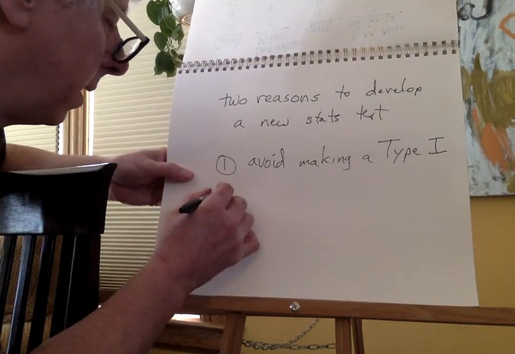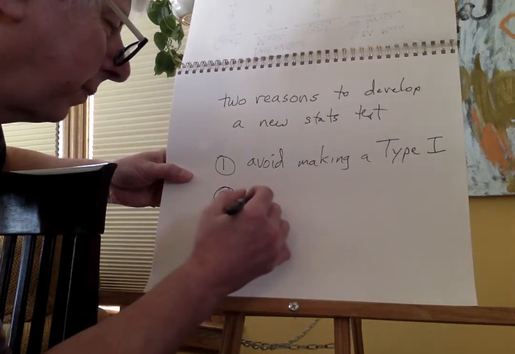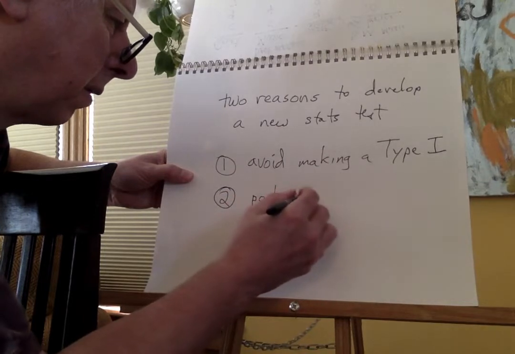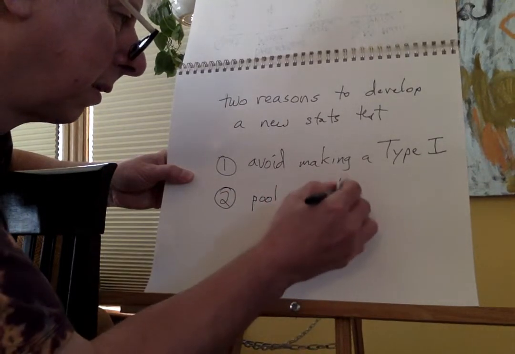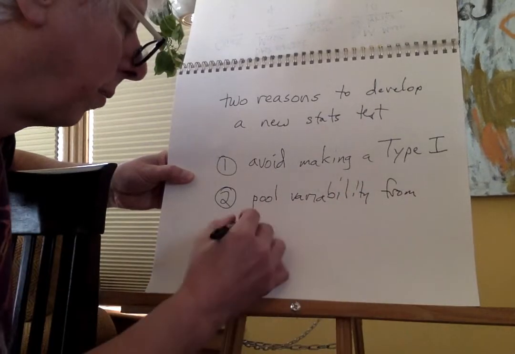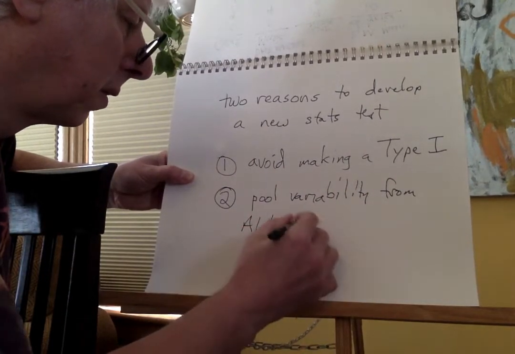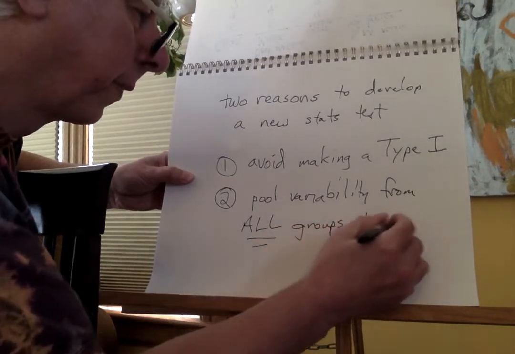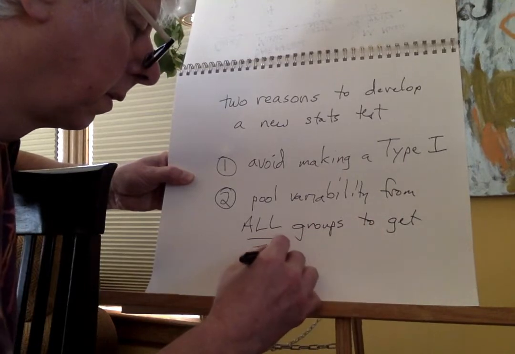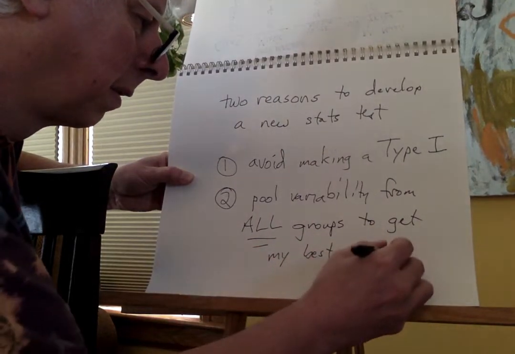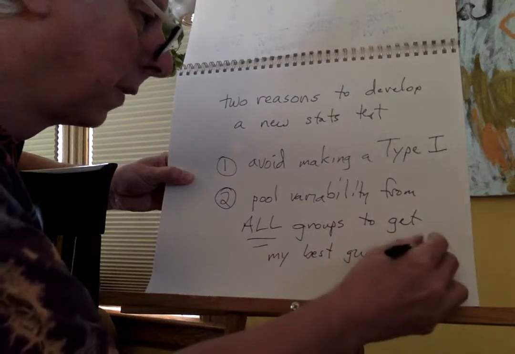Okay? Second reason, I want to pool variability from all groups to get my best guess for sigma.